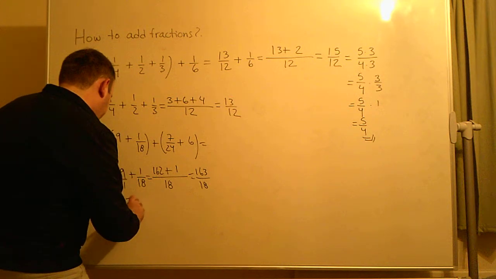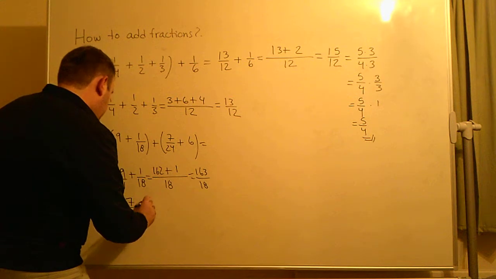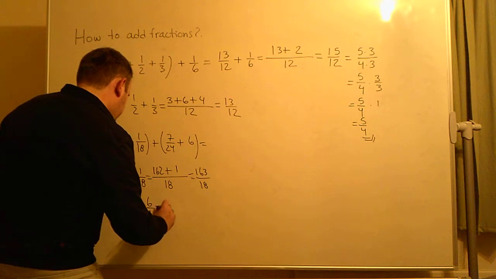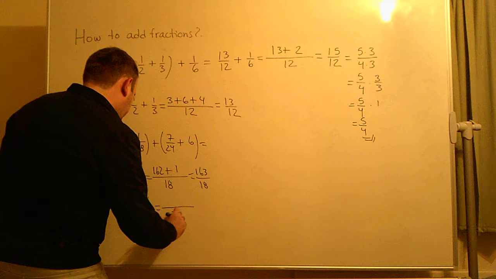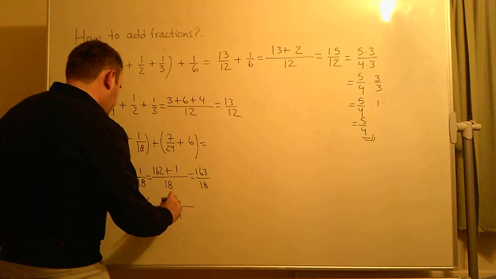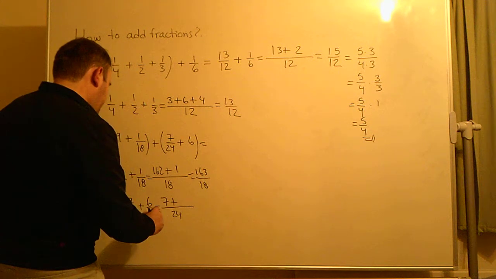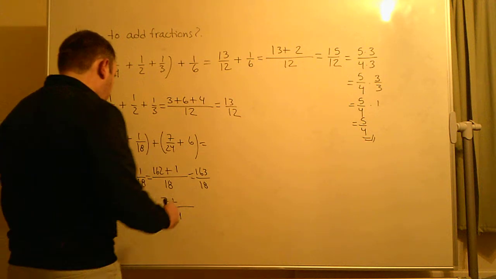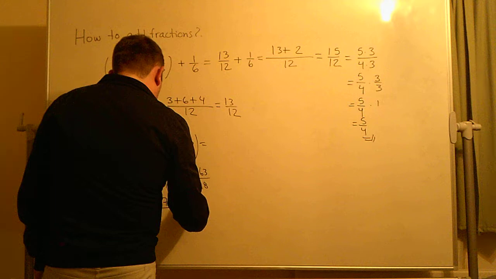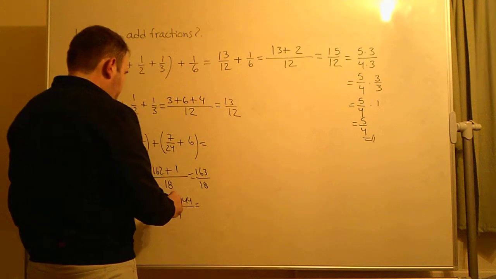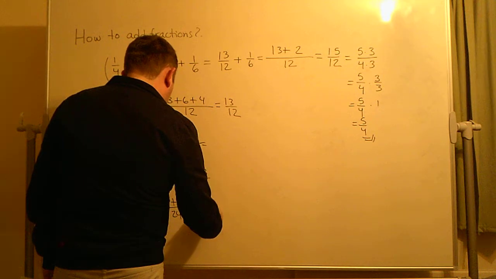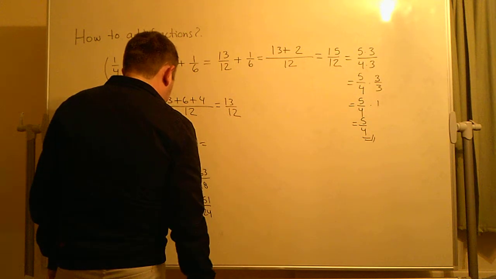And then 7/4 plus 6 divided by 1. This will be 24 divided by 4 is 6, times 7, 42, plus 24 divided by 1 is 24, times 6 would be 144, which would be equal to 151 divided by 24.